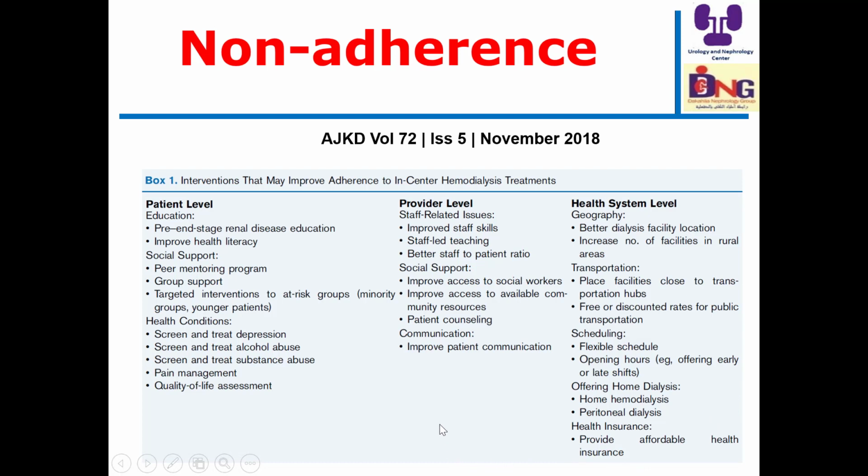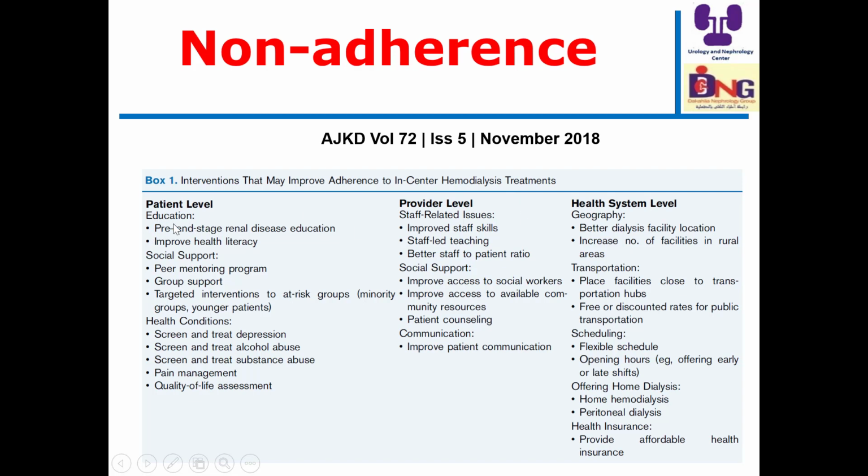Why is there missed hemodialysis? I think there are barriers at the level of patients, providers, and the health system. This is why we need interventions that may improve adherence to in-center hemodialysis treatment at the patient level, provider level, and health system level.